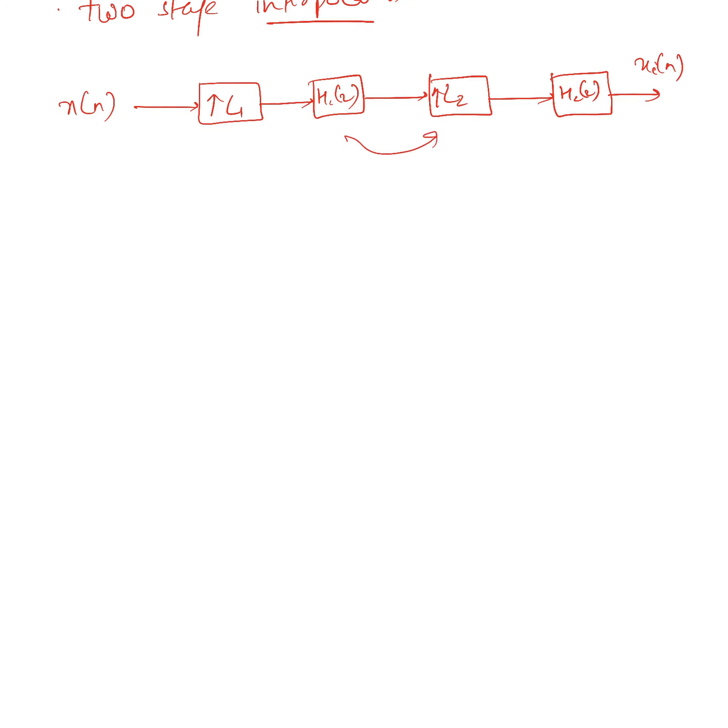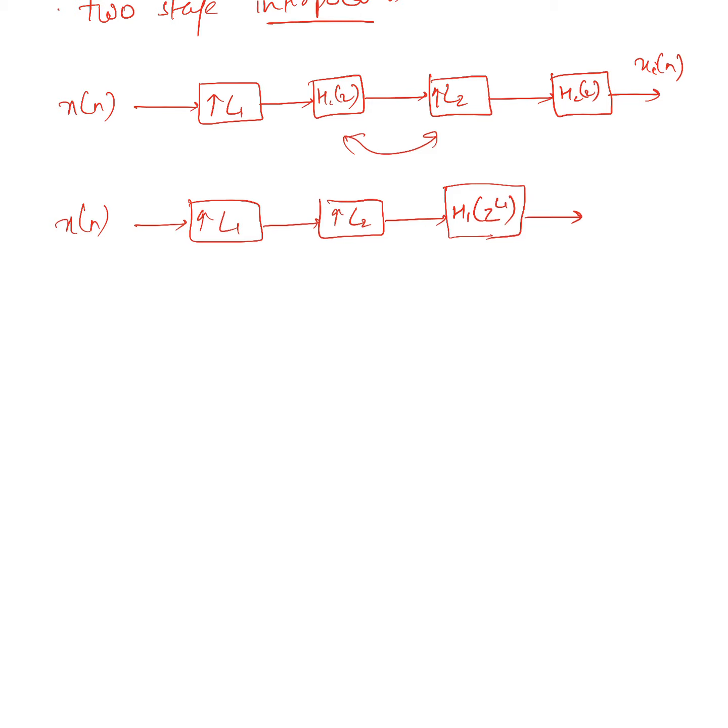So interchanging the position of these two blocks, we will have x of n, upsample by L1, upsample by L2. Filter H1 of z would change to H1 of z to the power L2. Sorry, it should be L2.